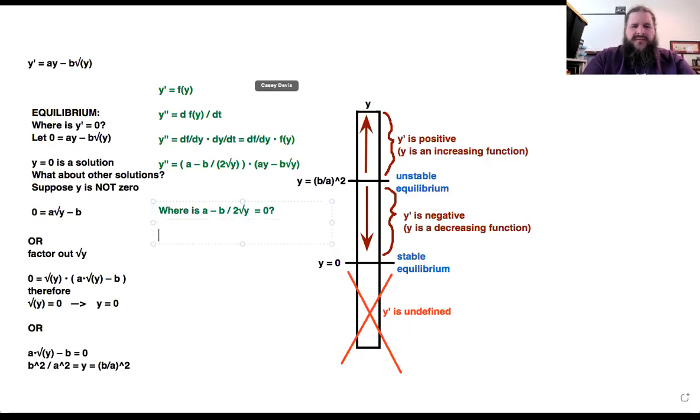So how would you solve that for y? Let's see.